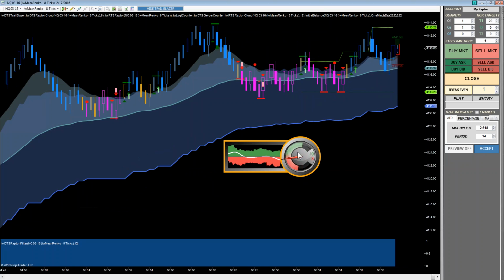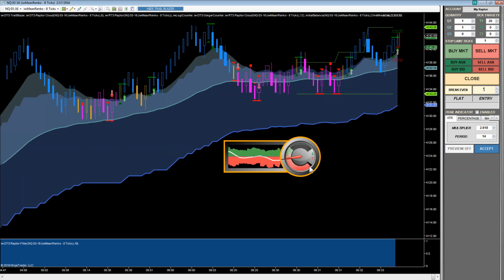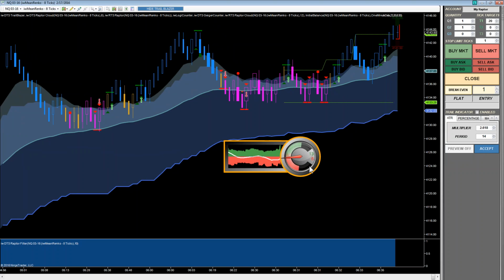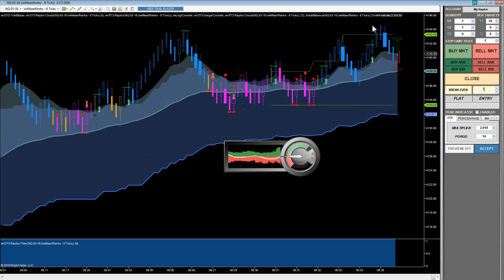What I'm looking for when I'm watching the dial is for it to pull over hard. See how it pulled over here? And it's holding, and it's holding, and it's holding. That tells me that the sellers are really starting to chew through some orders. So if I was looking for a buy signal, I may want to consider waiting for a second push on the entry, or perhaps waiting for other confirmation tools to support the buy signal.